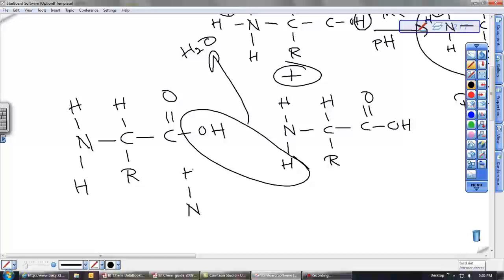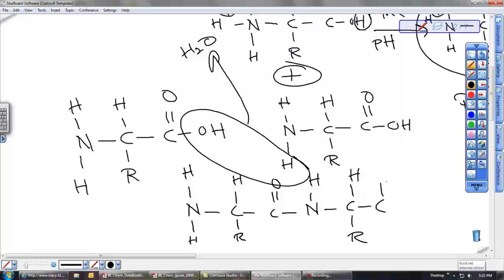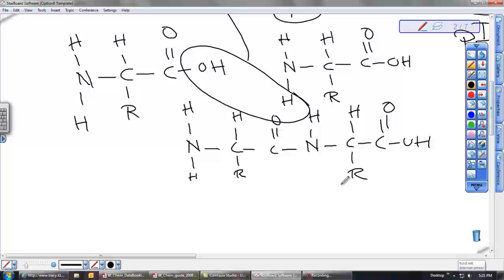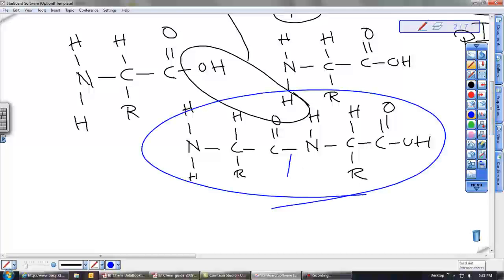That is a condensation between amino acids to form a protein. You've probably done that in biology. This is called a peptide bond.